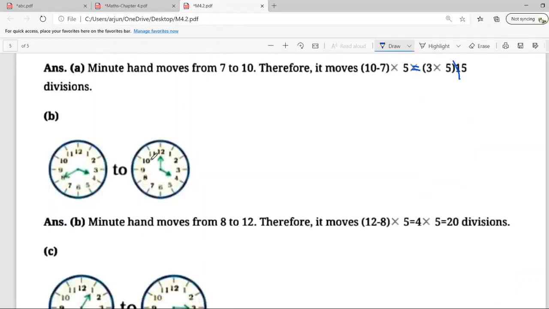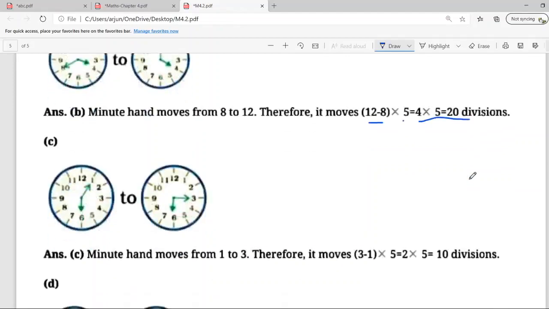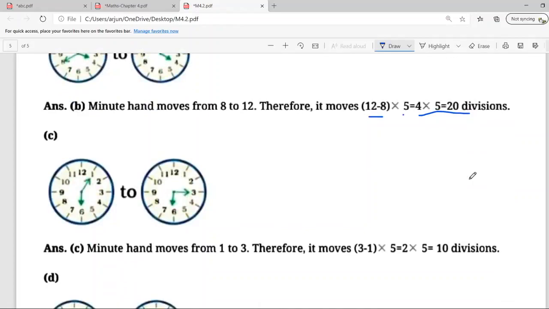Here you can see that the minute hand is at 8 and then it has traveled to 12. So you just subtract 12 minus 8, then multiply by 5. So 12 minus 8 equals 4, and 4 into 5 is equal to 20 divisions, so 20 minutes.